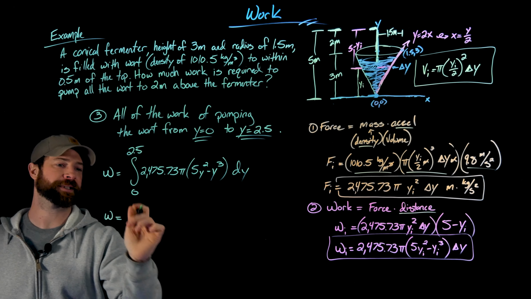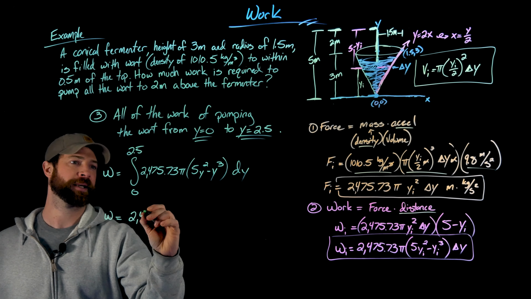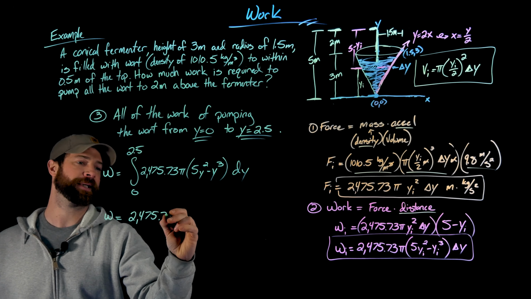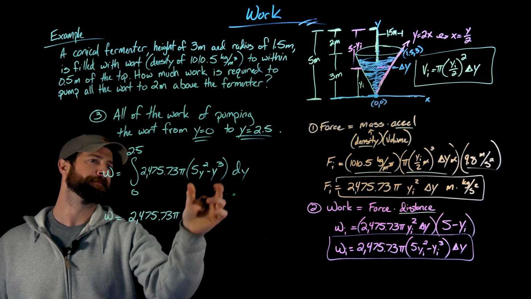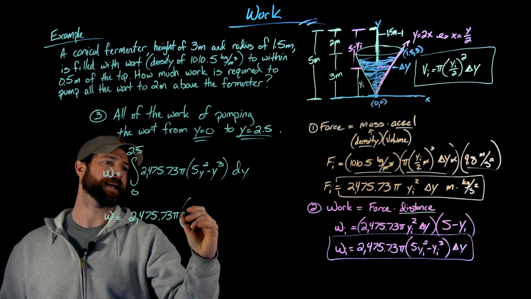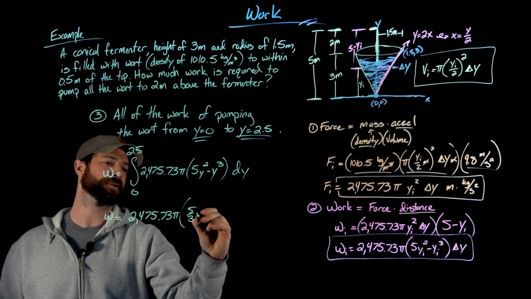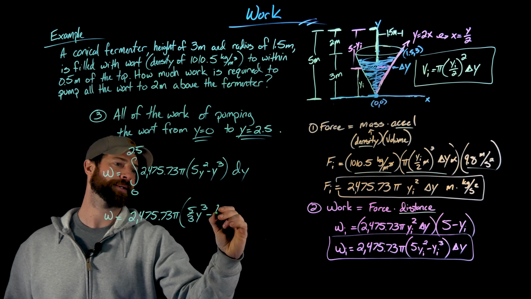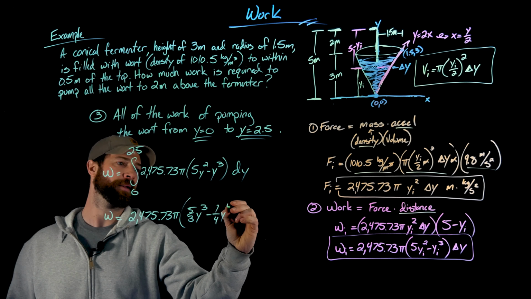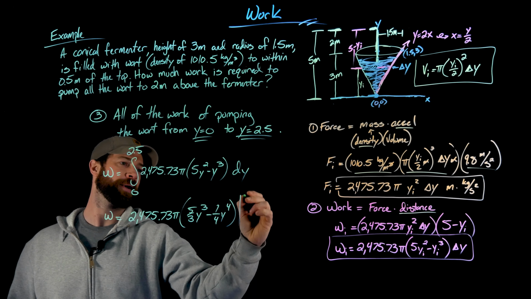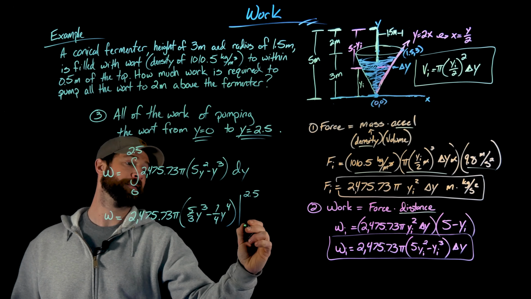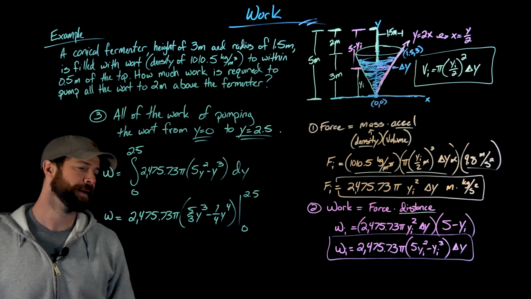So this is a constant that comes out, so this does not affect the integration in any interesting way. I integrate this, and I get 5/3 y to the third minus 1/4 y to the fourth. And we're going to evaluate that from 0 to 2.5.